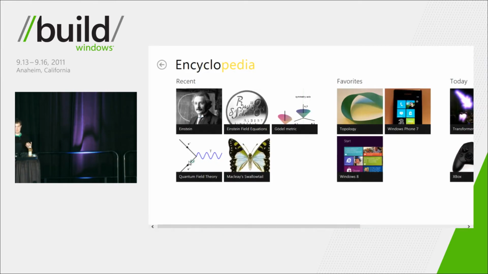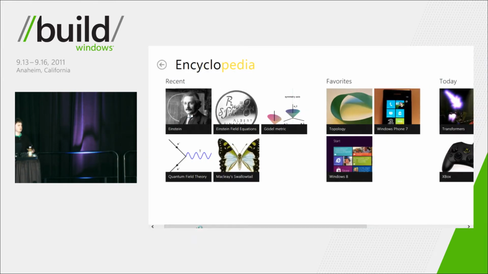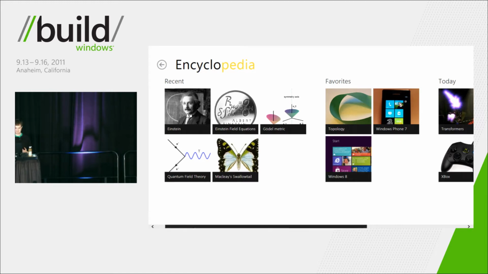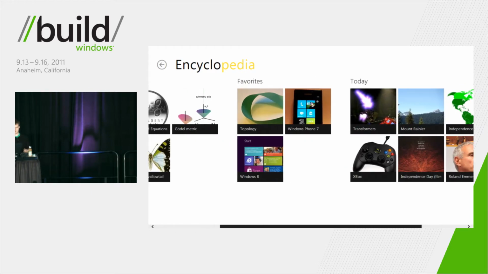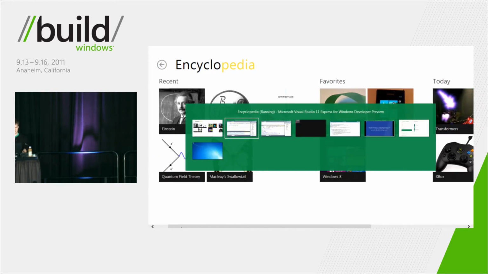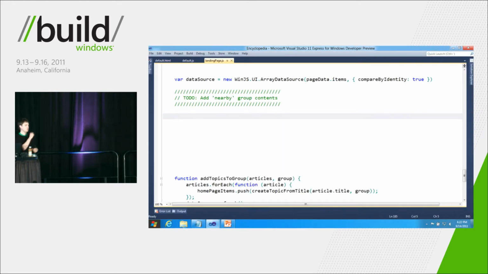The application is made up of some groups, and this is the standard template that you'll get if you're building a grid view application. So I have a grid of different groups, very similar to the start screen. I have my recent group, my favorites group, and my today group. What I want to add is a new group to this front screen for things that are going on nearby me.